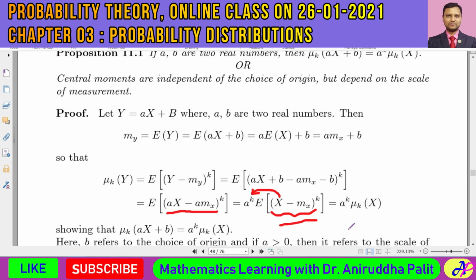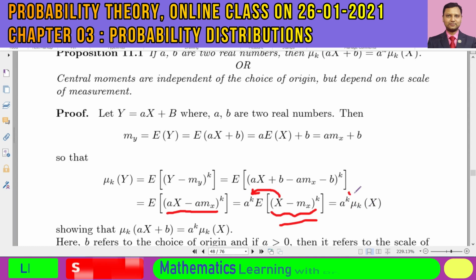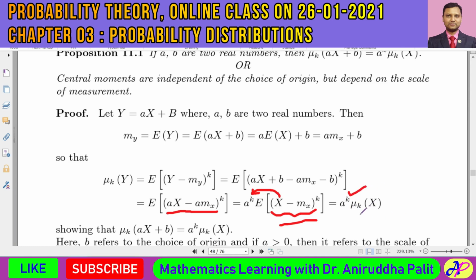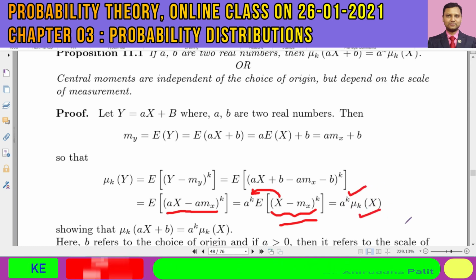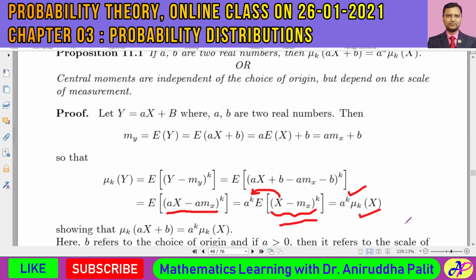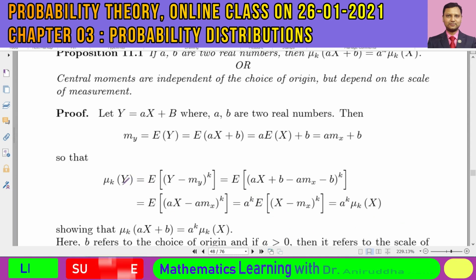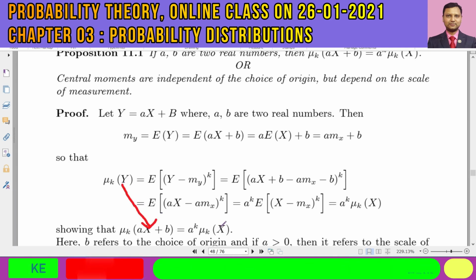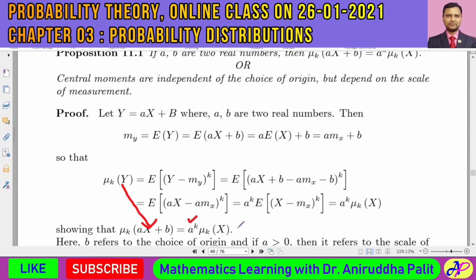So we can write the expression as equal to a to the power of k multiplied by mu k of the random variable x. So this is the proof that mu k of ax plus b is equal to a to the power of k multiplied by the kth central moment of x, mu k of x.